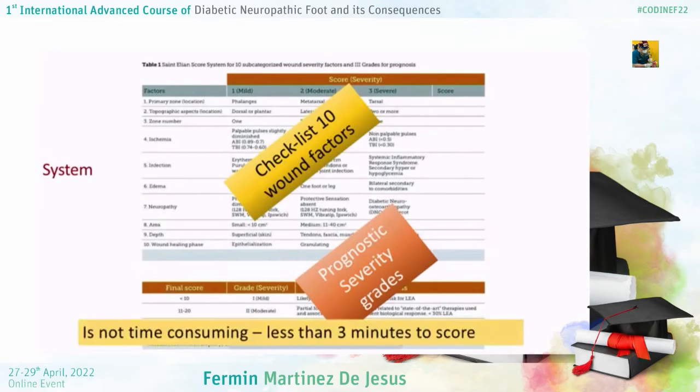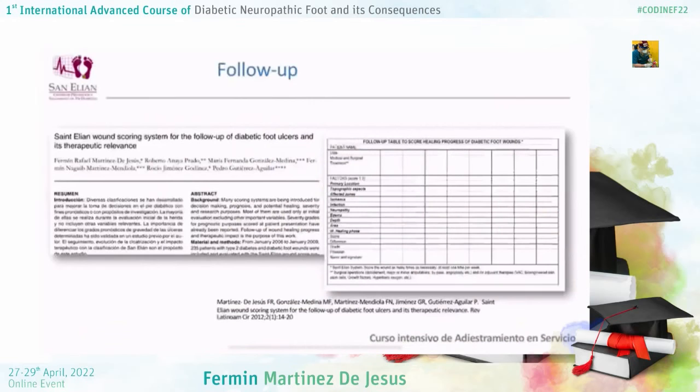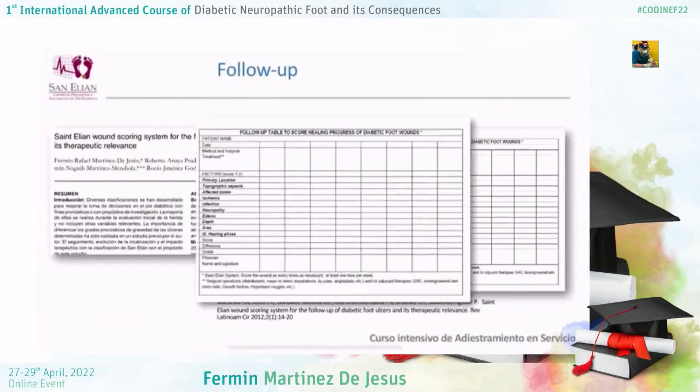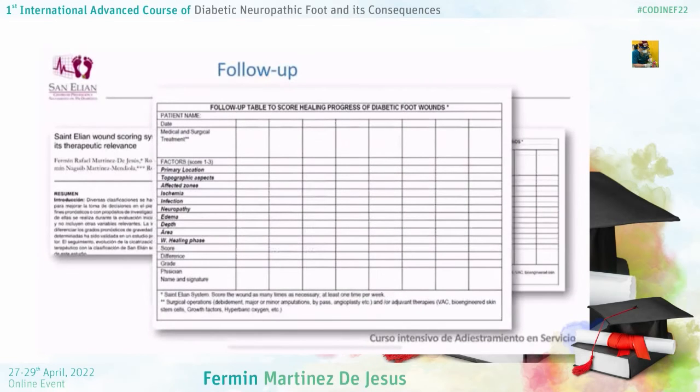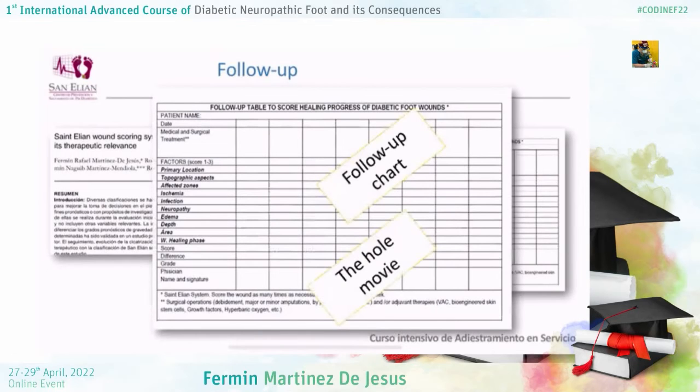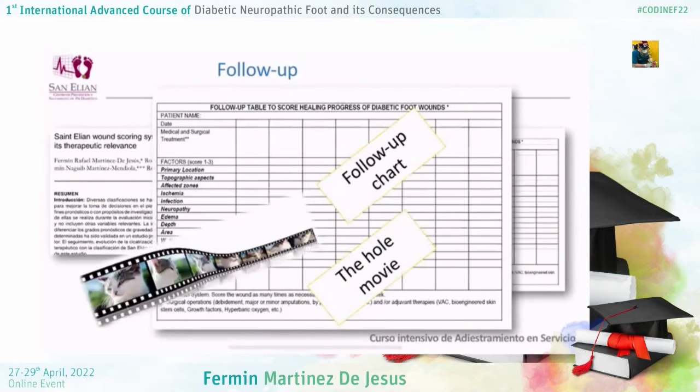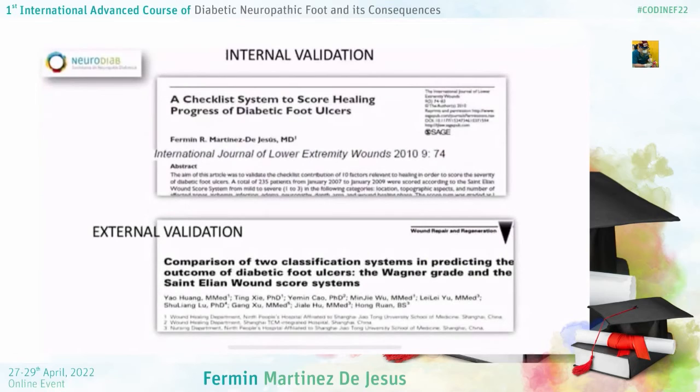It's not time consuming, less than 3 minutes to score. It's quick and very easy after the history chart was made and performed as required. So in this way, the follow-up provides us the whole movie and not only a picture at some moment.